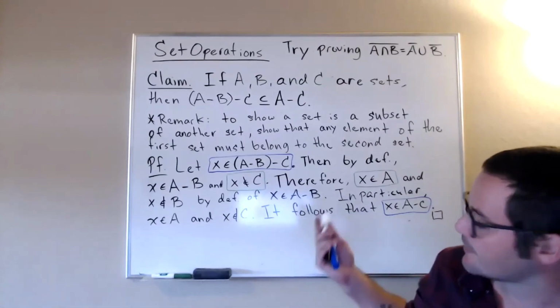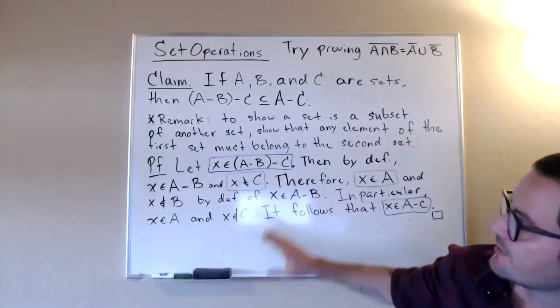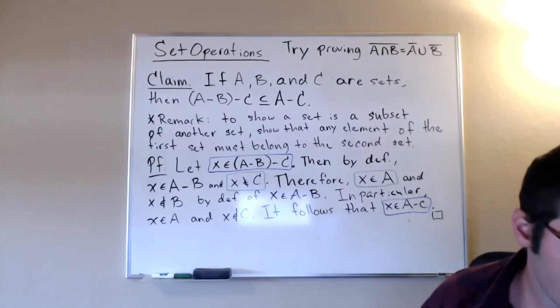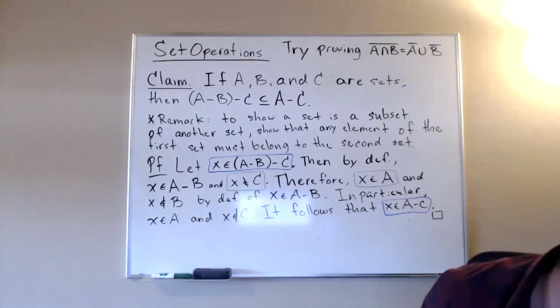As far as showing subsets right now, this is probably one of the harder ones you'll see. The other ones are pretty simple. Okay, so let's look at another equality, I suppose.